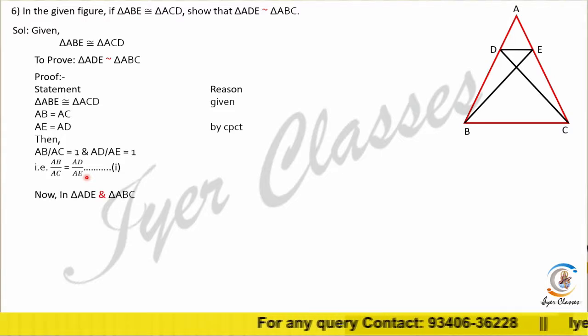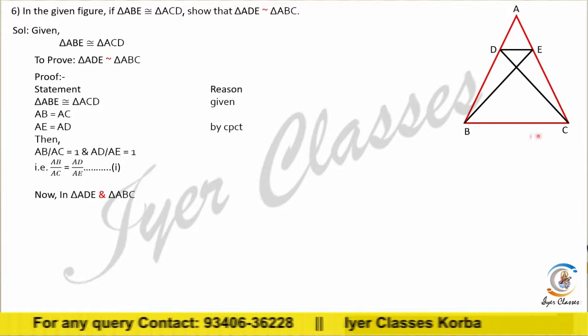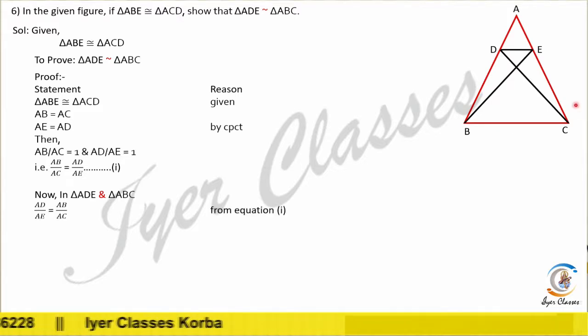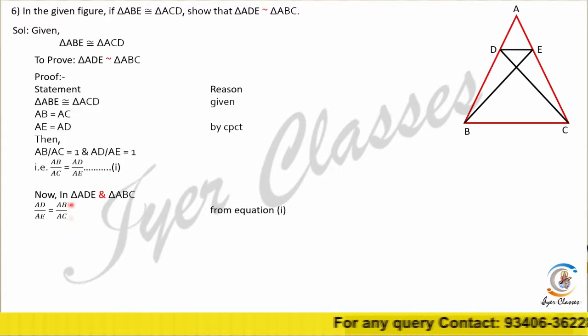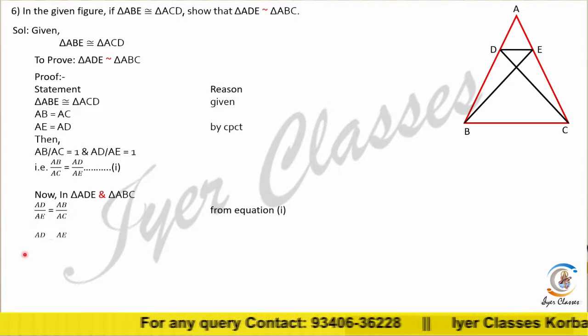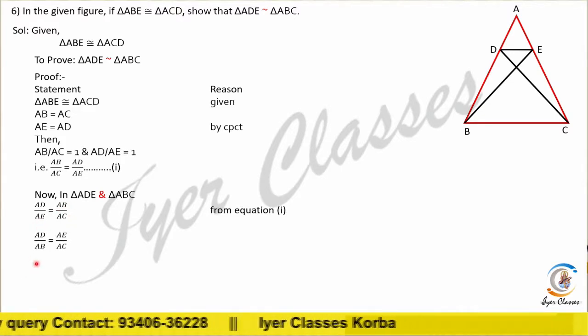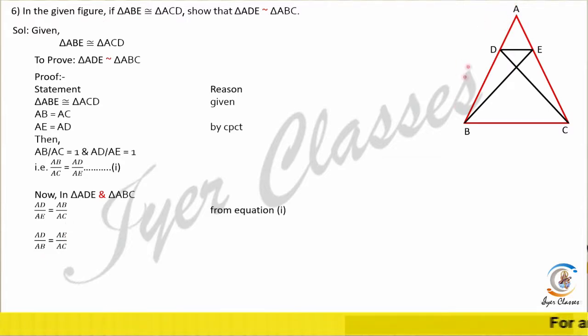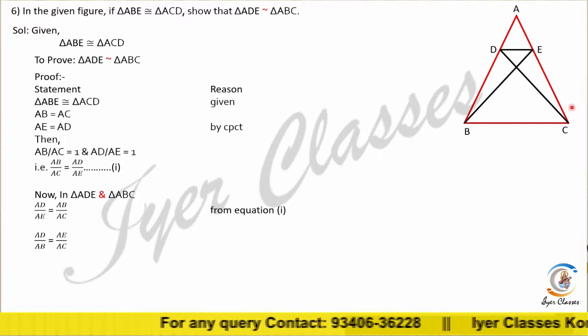Now let us consider the triangle ADE and triangle ABC. You're already given that AD by AE is equal to AB by AC. Just slightly make a change by bringing AB down and AE up. So you will have AD by AB is equal to AE by AC, right?